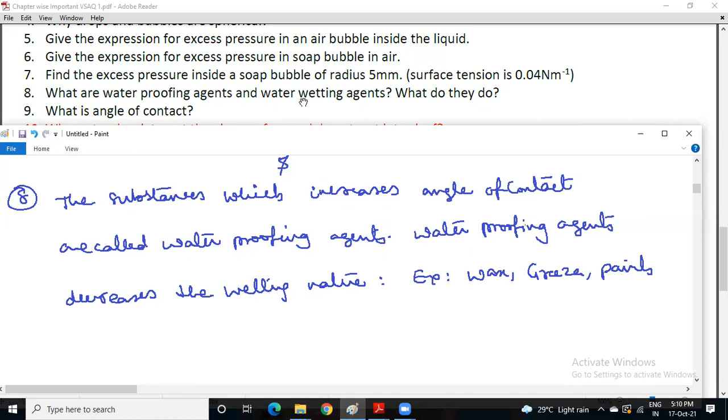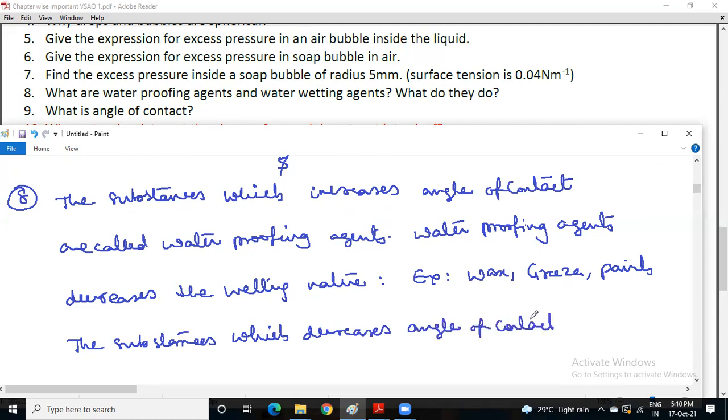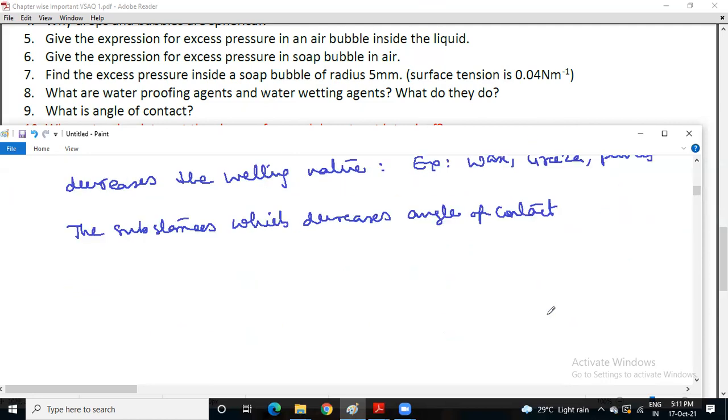Next, there is another part here. What are water wetting agents? Waterproofing agents increase angle of contact. Now what are water wetting agents? The substances which decrease angle of contact are called water wetting agents.